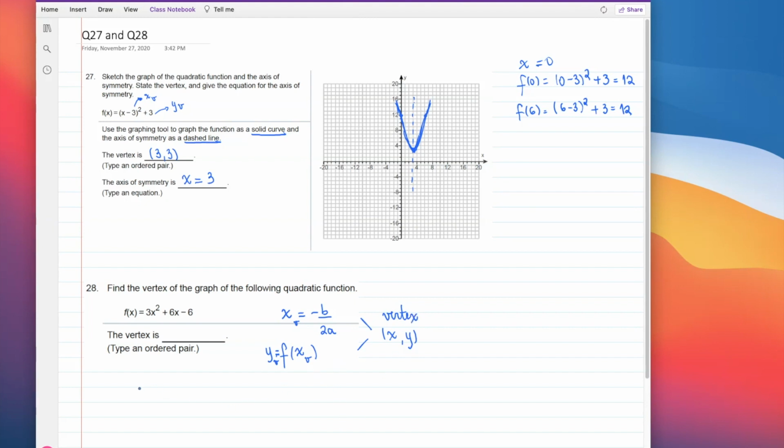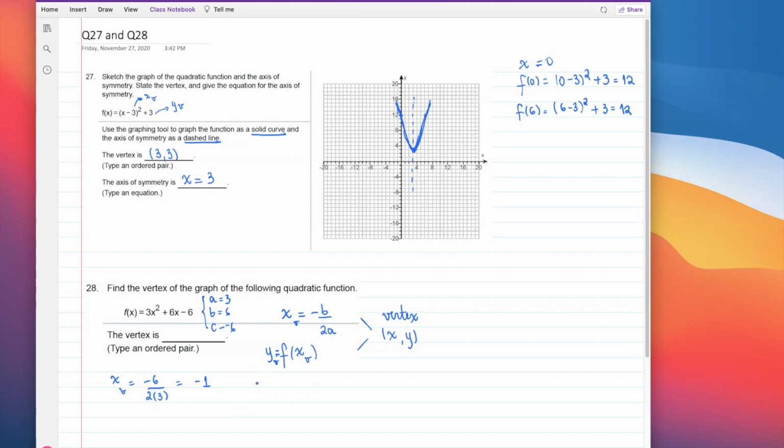And then let's start. So here, identify a to be 3, b to be 6, and c to be negative 6. And then the x of the vertex is negative 6, because b is 6 and now became negative 6, divided by 2 times 3. So the x of the vertex is negative 1.